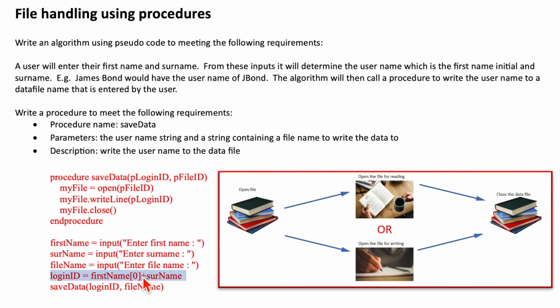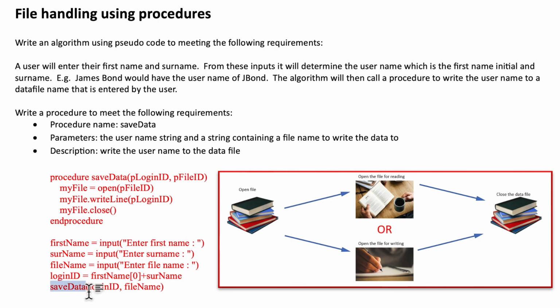And then we have the plus sign, which is used for string concatenation or to join multiple strings together. And we're concatenating the surname to the J. So we're going to take the J from James, and we will add in Bond to create the login ID of J Bond.